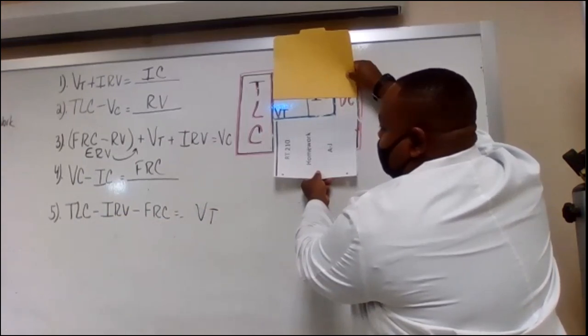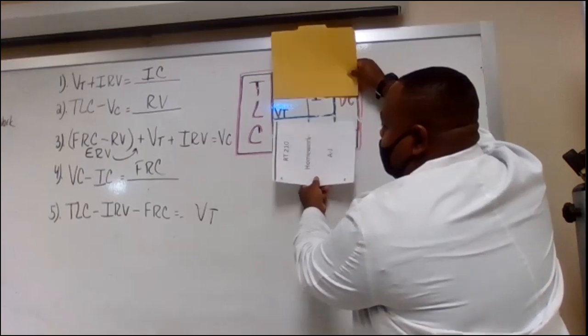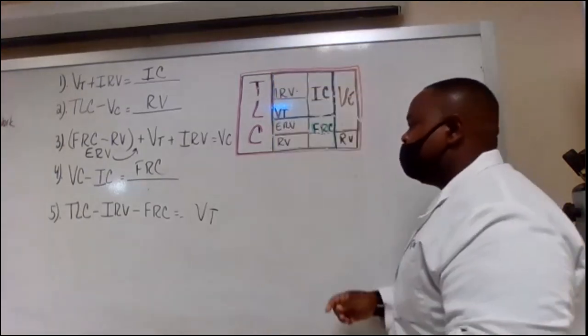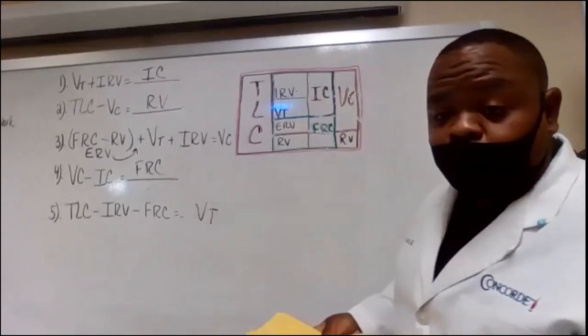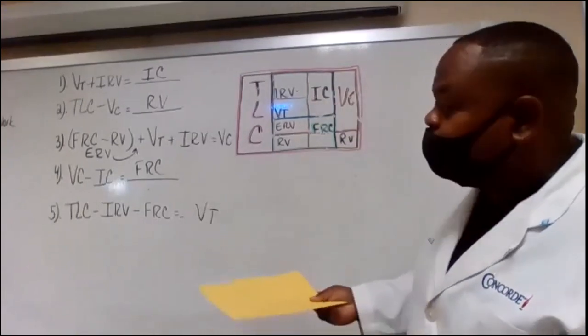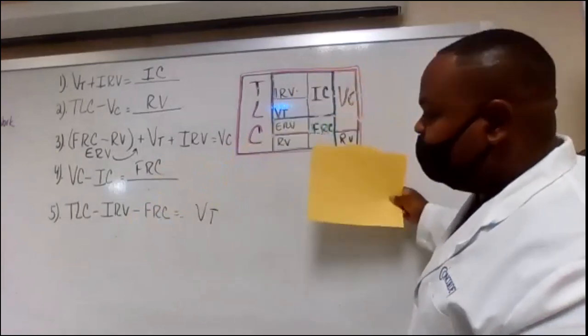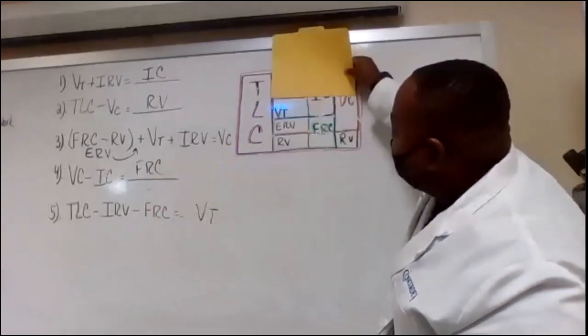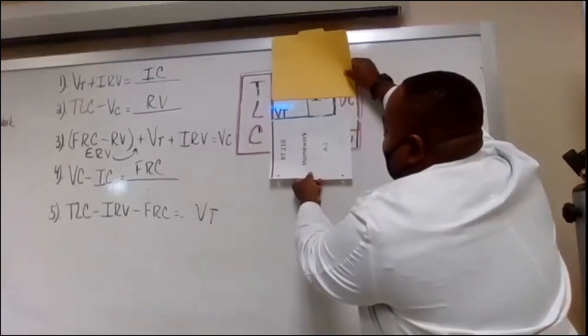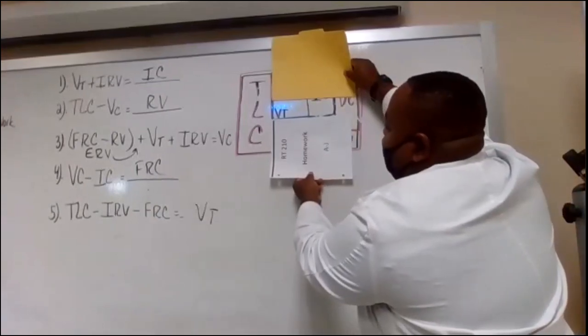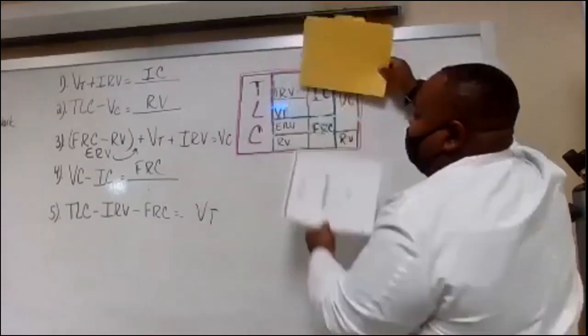Only thing left is what? So in the IRV, the IC is included. What they want you to do is, you're overthinking it. What they're telling you to do is take the TLC, which is all of it. Take away the IRV part, take away the FRC, and the only thing you have left is VT, because IRV is part of IC.